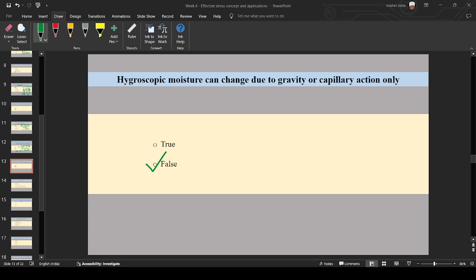Next question. Neutral pressure is. So neutral pressure, again, as I have shown in this diagram. I will draw it once again. This is the soil, this is the water table, this is the point where we want to measure the pressure.